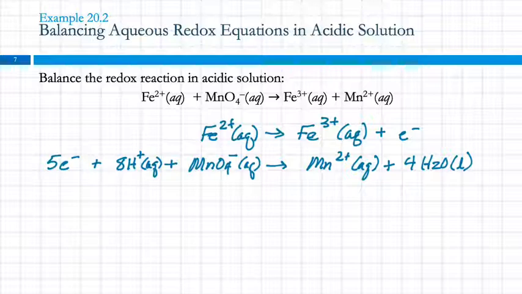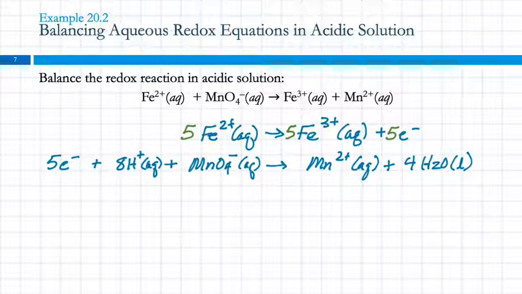So I'm going to multiply this equation by 5, all the coefficients. So 5 iron 2s and 5 iron 3s and 5 electrons. I want to end up with the same number of electrons here and here, so that when I add the two equations together, those electrons disappear.